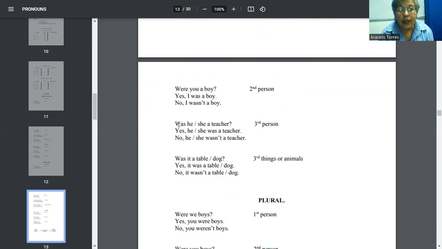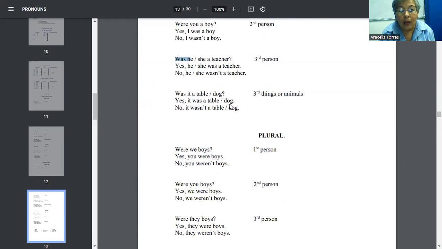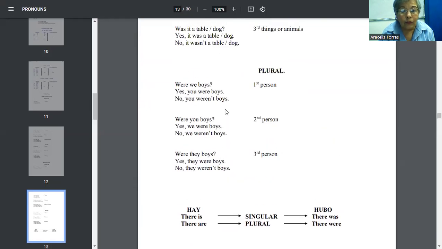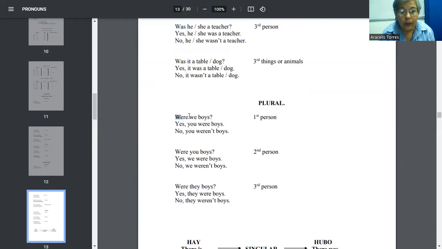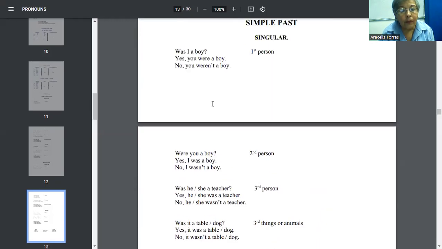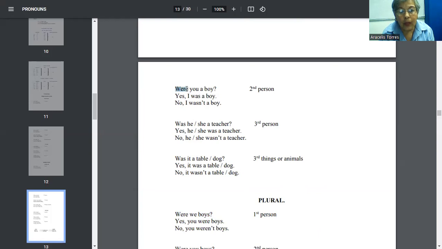Well, was indicates that it's in the past. And you have to use were for the plural persons and the second person singular, excuse me. It is the only singular person that uses were, the second person singular.